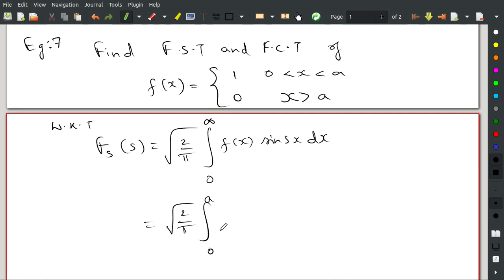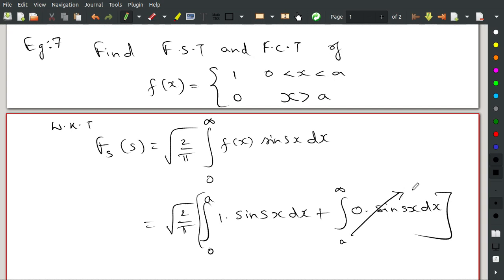So integral 0 to a of 1 into sine sx dx, plus integral a to infinity of 0 into sine sx dx. This term becomes 0, because for x greater than a our f of x is 0.